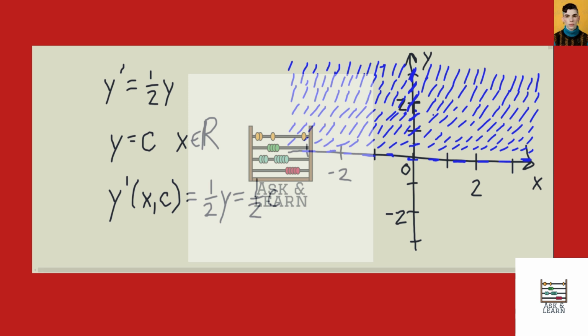Likewise, if y is negative, say -1, we'll have a slope of -0.5. So we see that as we get further and further from the origin in the negative direction, our slopes will get steeper and steeper.